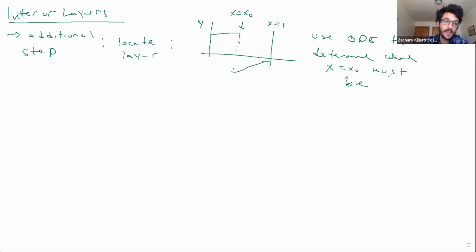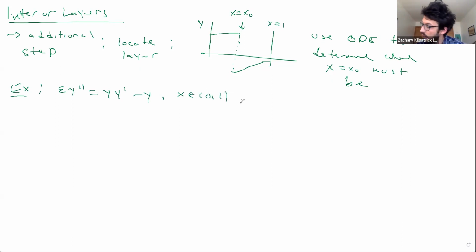And last class, we reasoned this out for a particular example, okay? Epsilon y prime prime is equal to y prime minus y, living on x from 0 to 1, and y of 0 is equal to 1, y of 1 is equal to minus 1.